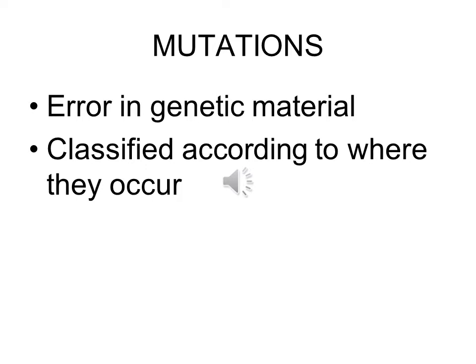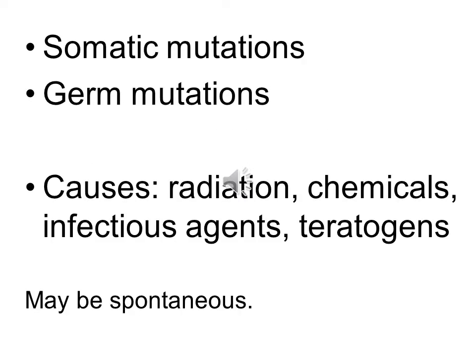Do they occur in the body cells, or do they occur in the reproductive cells? If mutations occur in the body cells, the cells other than the gametes, we refer to them as somatic mutations. Cancer is an example of a somatic mutation. If your parents develop skin cancer before you're conceived, that skin cancer isn't passed on to you.